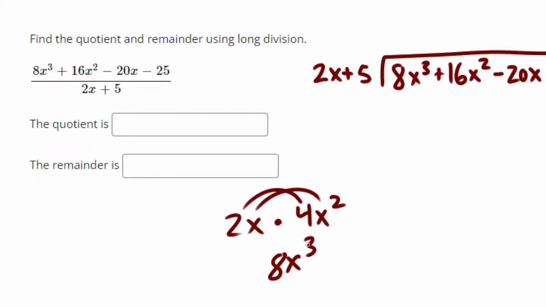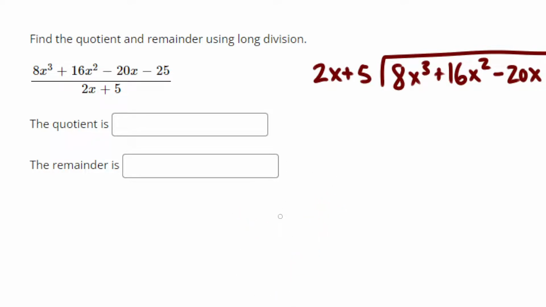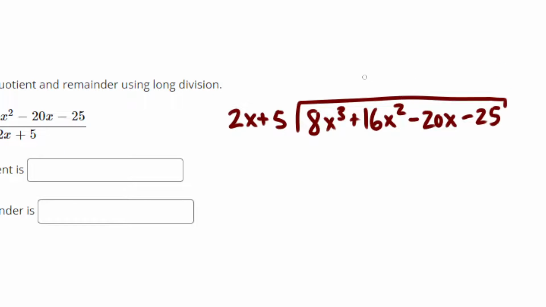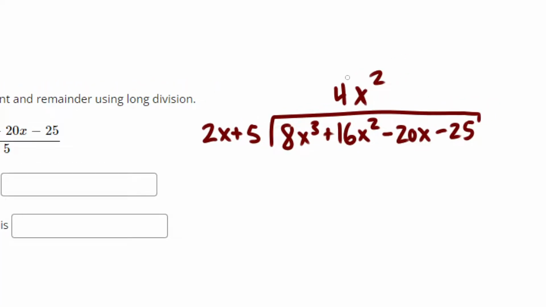So we want our answer to be 4x squared. So we'll put that above our placeholder slot that has x squared just to keep things lined up.